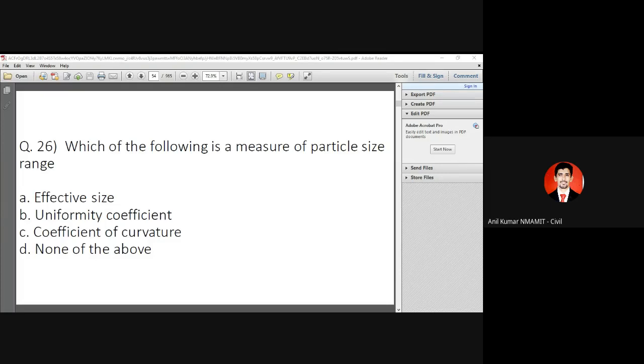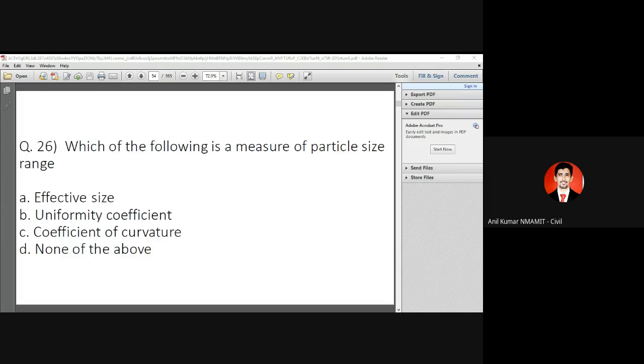D10 is the effective size with respect to 10% finer, D30 is the effective size with respect to 30% finer, like that. Manjunath has given B as an answer.